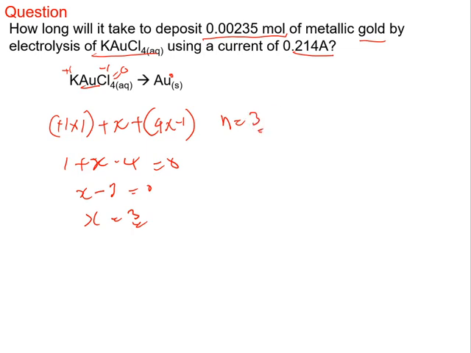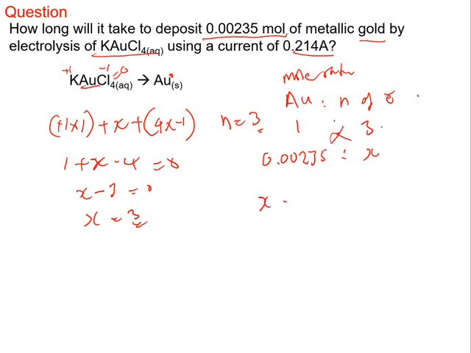From here we can look at the relationship. Let's do mole ratios between gold and the number of electrons. What you get is 1 to 3. For gold, we have 0.00235 moles against x, so cross multiply.